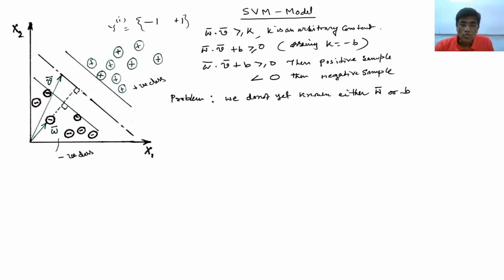So we do not know either of these parameters. And by formulating this problem as an optimization problem, and by formulating constraints, we will try to find out these two parameters. So that is the basic objective.